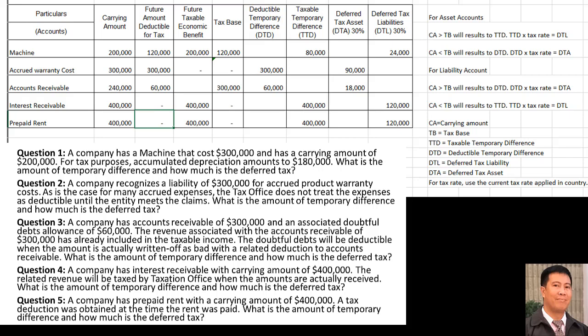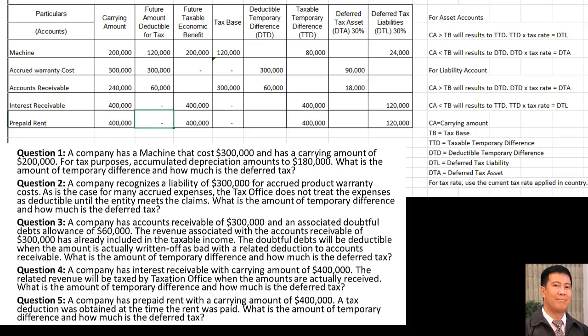Taxation said the expense is not deductible, which means this entry, as per taxation's view, should not exist. So in accounting, it exists.